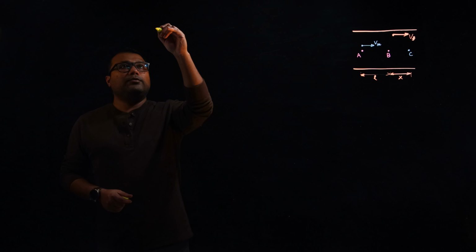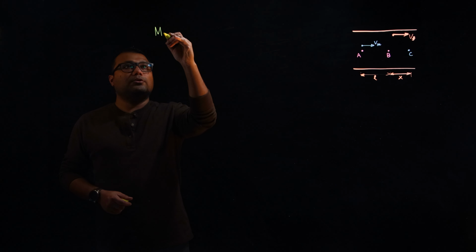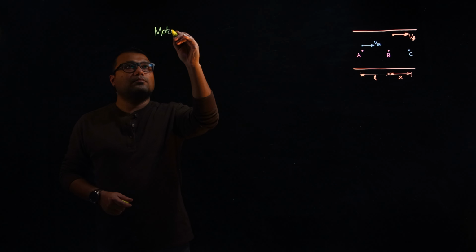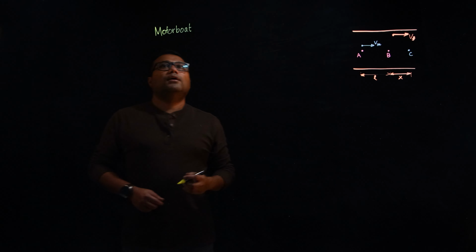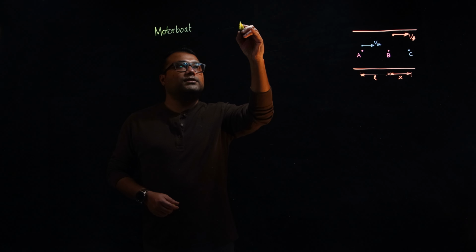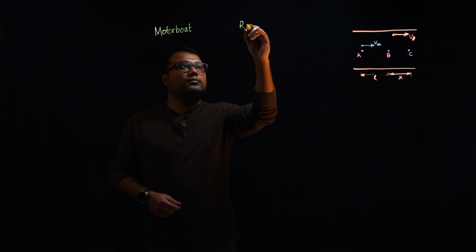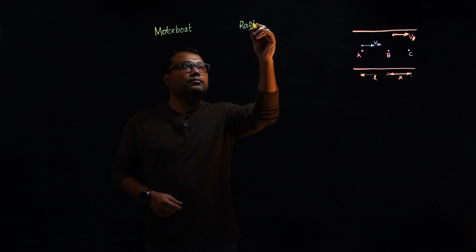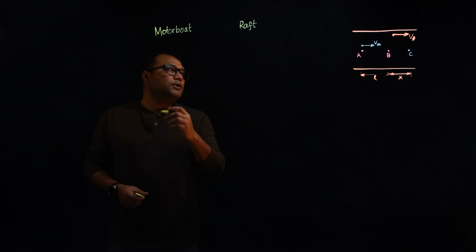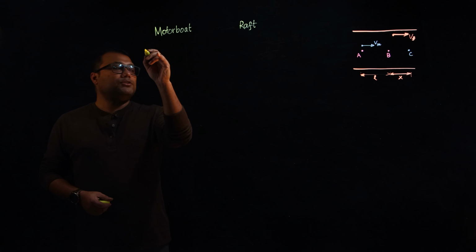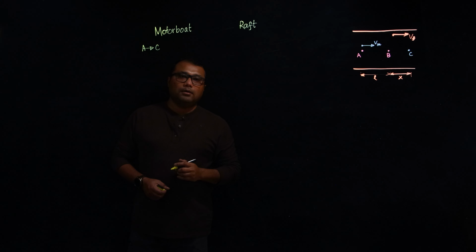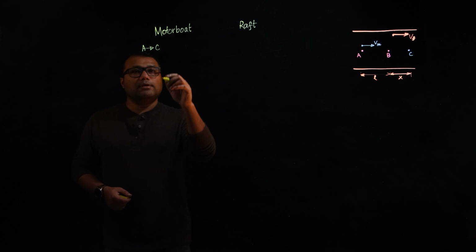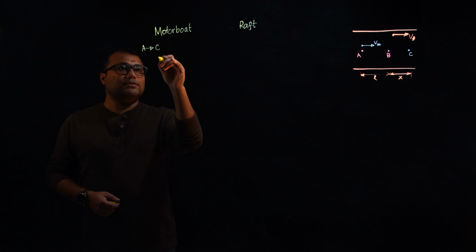So now that we have that on the board, let's break this down. We'll take the case of the motorboat and the case of the raft separately. The motorboat on its journey from A to C: what's the total distance?